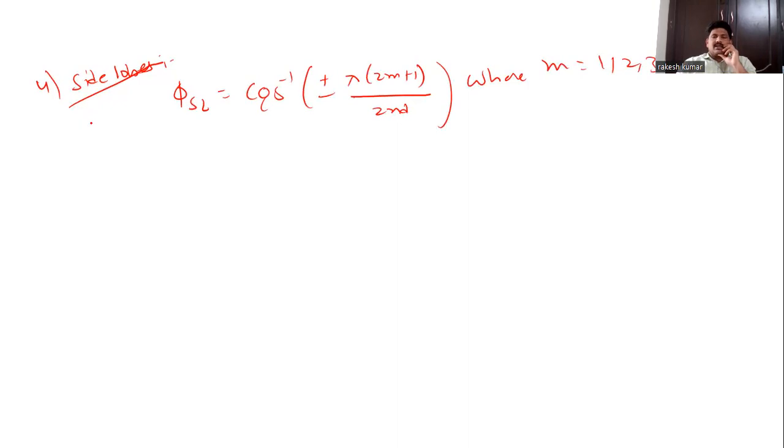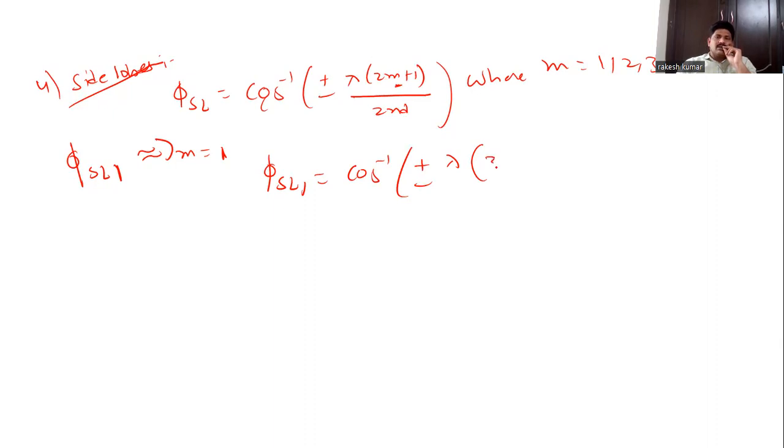So let us calculate the first side lobe, SL1. For SL1 you substitute m equal to 1. Therefore phi SL1 is equal to cos inverse of plus or minus lambda into 2m plus 1, that is 2 plus 1, 3, by 2 into n, where n is 8 and d is lambda by 2.